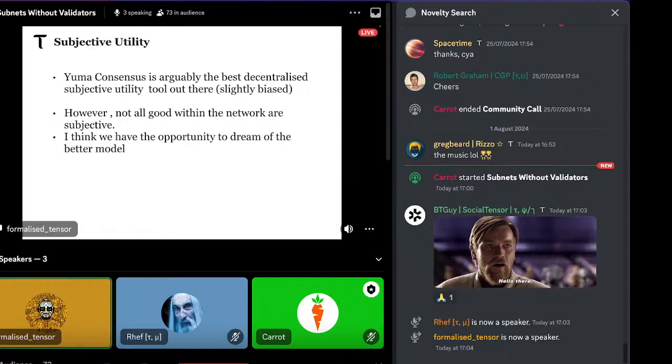It has its flaws, but fundamentally, I think it might be overkill for things that do not require subjectivity. So let's dream of a better model. Can we have another mechanism? Can something else thrive where it better assesses an objective good?